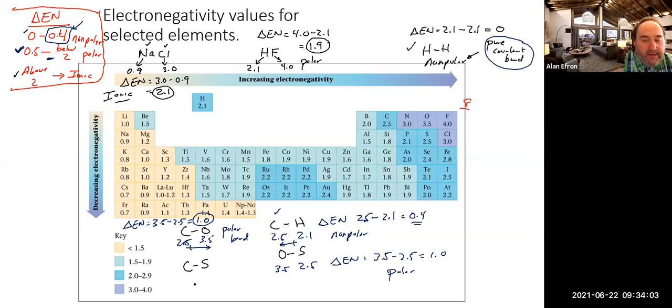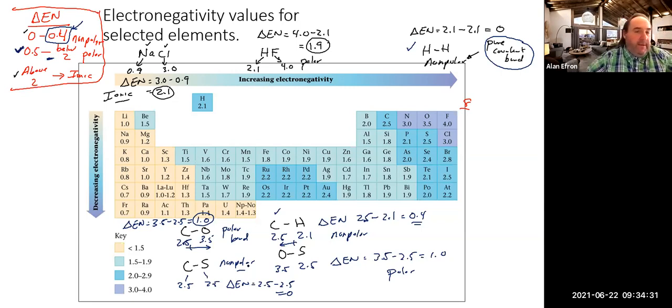Now let's take a look at carbon and sulfur. Carbon's value is 2.5. Sulfur's value is 2.5. Difference in electronegativity here would be 2.5 minus 2.5. That is 0, which is definitely a nonpolar bond. So this is an important thing that sometimes can occur.